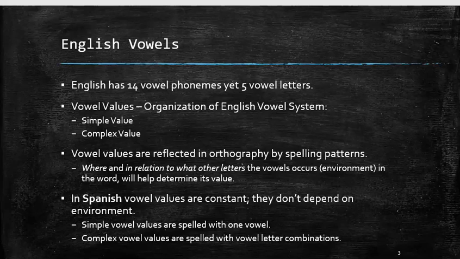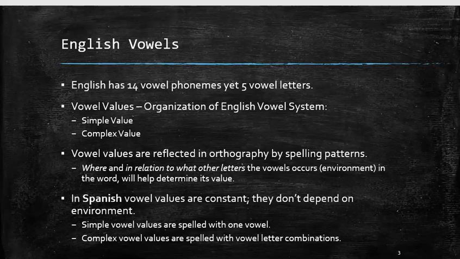But our main goal is to have a working knowledge regarding these concepts for the field of education. So what do we mean by value? Remember, we're going to focus on graphic representations of the language. Bear in mind that there are 14 vowel phonemes in English and only 5 letters to represent these sounds. This is what we were referring to as grapheme to phoneme correspondence. So the values are the particular representations attributed to the graphemes.